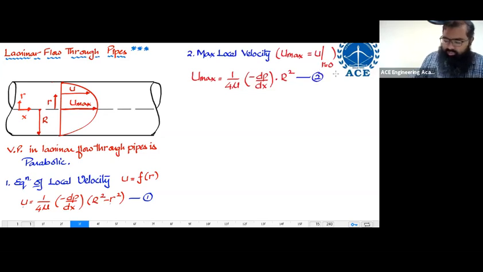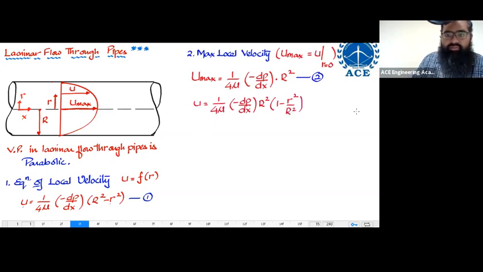Now let us get back to the equation of u. I see that the equation of u can also be written as 1 by 4 mu into minus dp upon dx multiplied by capital R square multiplied by 1 minus r square upon capital R square.